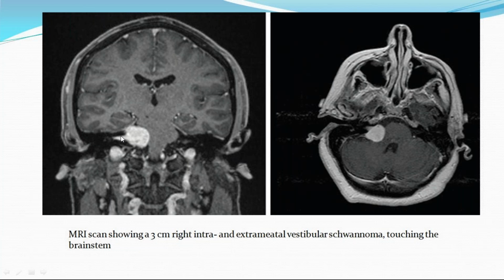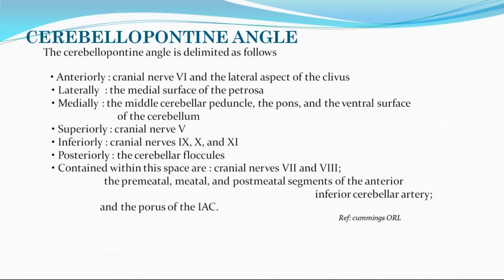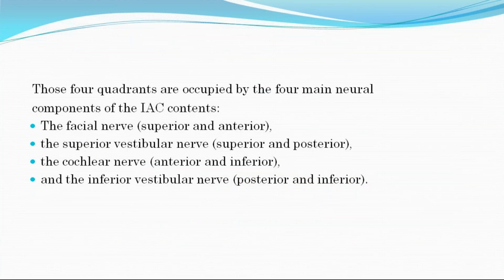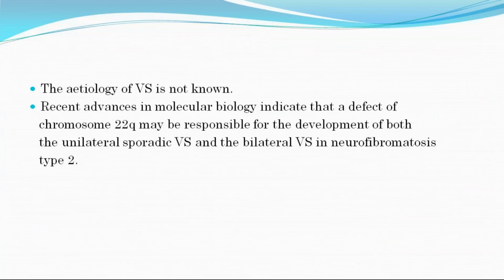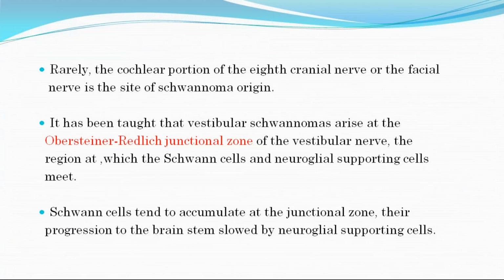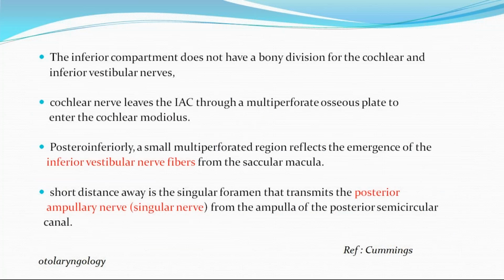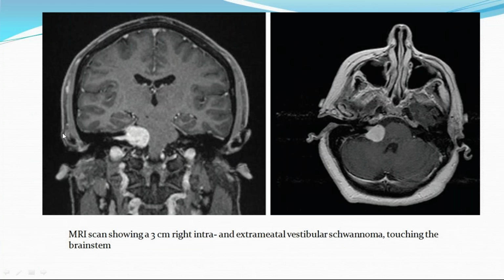The tumor starts somewhere here, and that region is known as the Obersteiner-Redlich junction zone. This is the area from where the tumor starts. It starts here in the internal auditory meatus, and because the space is quite trapped up here, it prefers to grow intracranially.